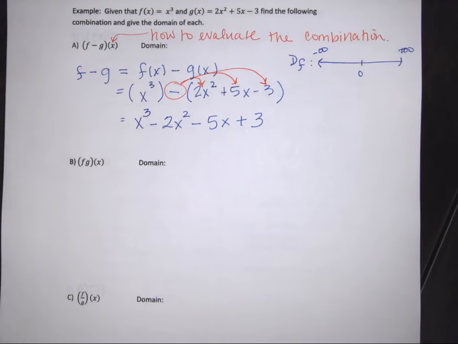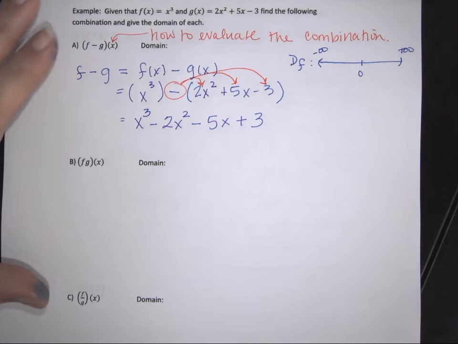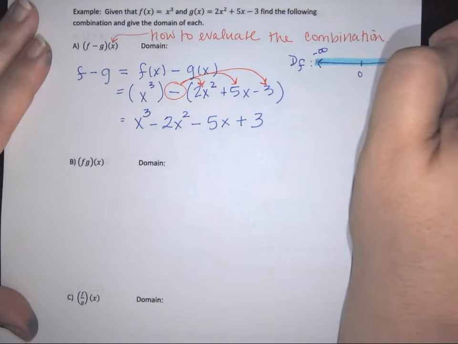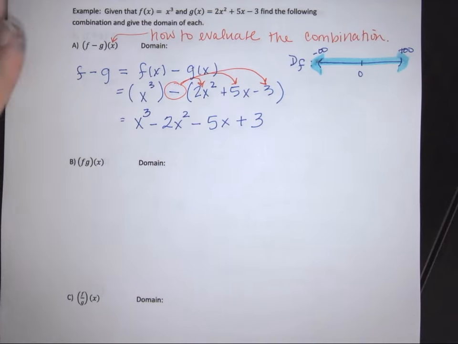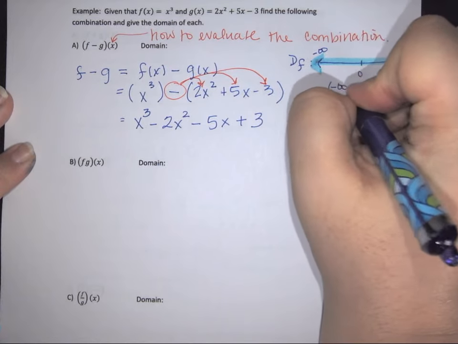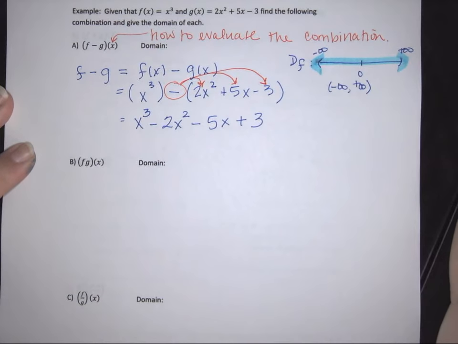Well, x cubed has no issues at any point in its equation. Because it has no issues, its domain is going to travel along the whole number line and be all real numbers. So its domain here is going to go from negative infinity to positive infinity.